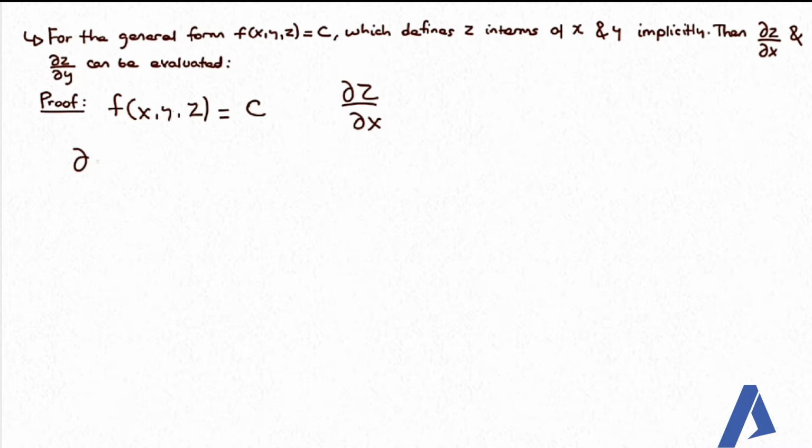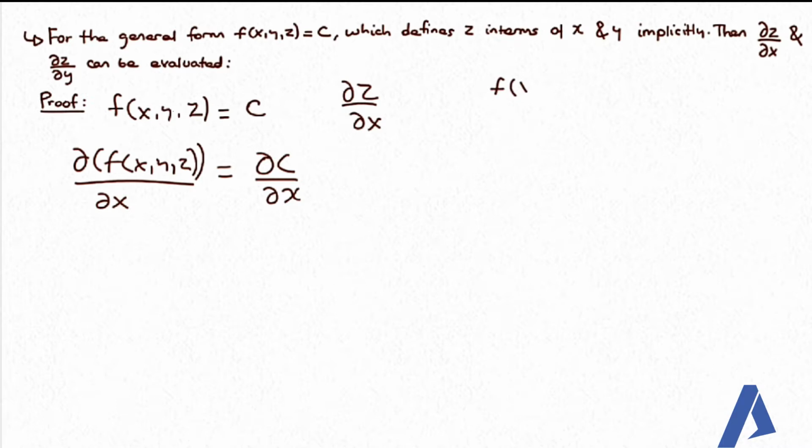ስለዚህ with respect to x partially differentiate እናደርገዋለን, del f of x y z with respect to x is equal to del c by del x. እዚህ ጋር እንደምናየው f of x y z is represented by three variables አይደለ?